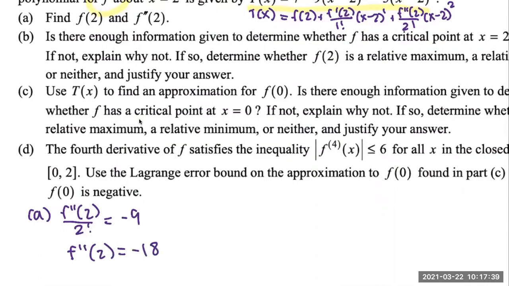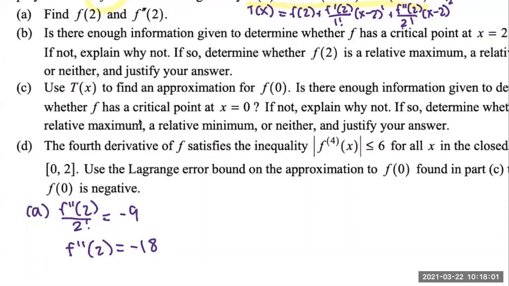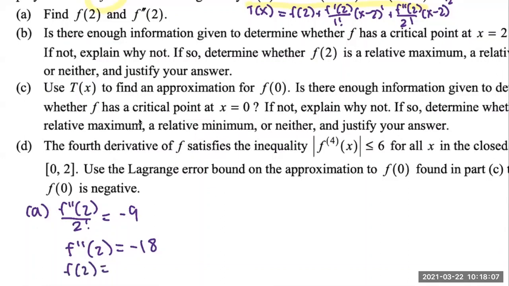I want you to be comfortable doing that, to understand that the coefficient in front of each one of your x minus a terms is really representative of the derivative over a factorial, because there's a lot of play on that type of questioning on the multiple choice as well. Okay, any questions on part A? That's a really important one. And then also, I didn't write down the answer, but f of 2 is equal to 7.